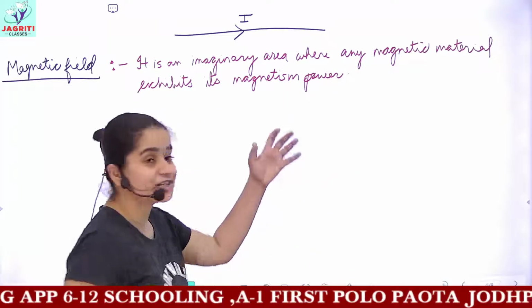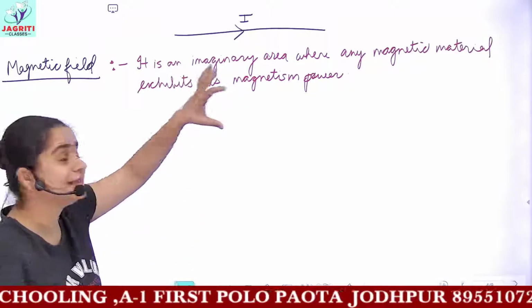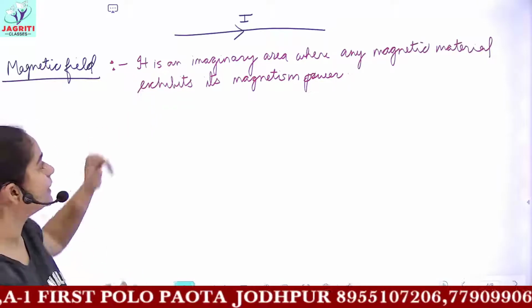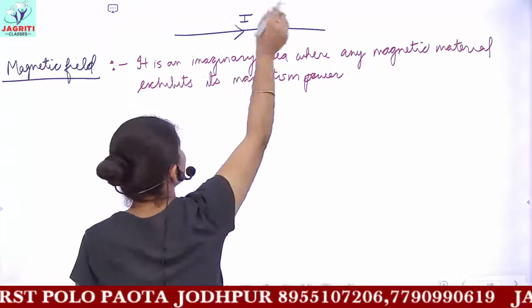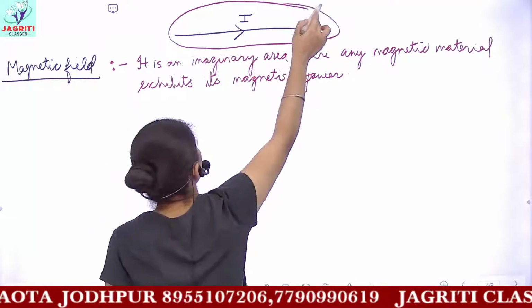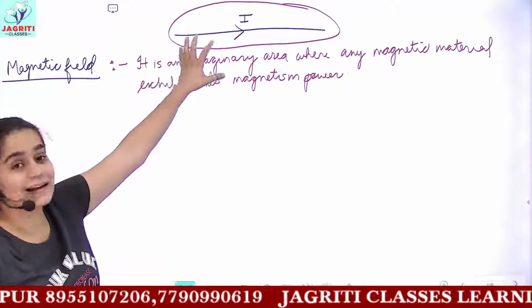So this imaginary area surrounding a conductor where its magnetic power or magnetic properties are seen is called magnetic field. Let's suppose this was our conductor. So this would be an imaginary area where you'll find its magnetic power.